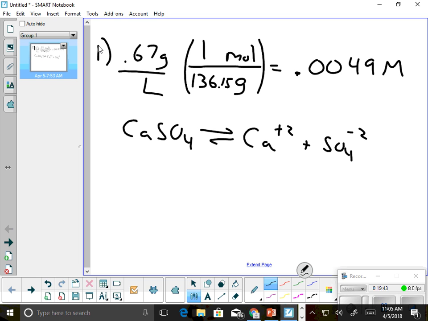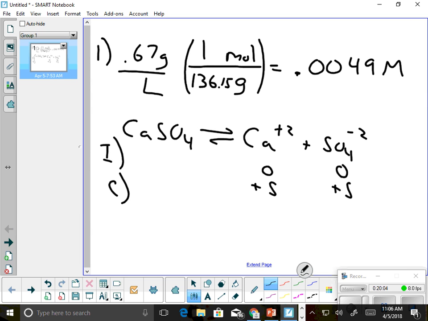Are you okay with that? Coefficients in front are all 1. There's 1 sulfate for every 1 calcium sulfate. If before I started the dissolving process there was 0 parts of both of these, once I started adding calcium, I'd be gaining a certain amount.